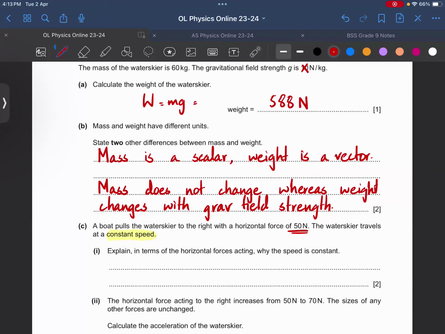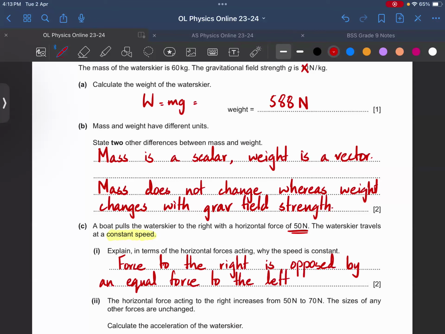All right. So explain in terms of the horizontal forces acting, why the speed is constant. So I will say horizontal, or even better, I would say force to the right is opposed by an equal force to the left.